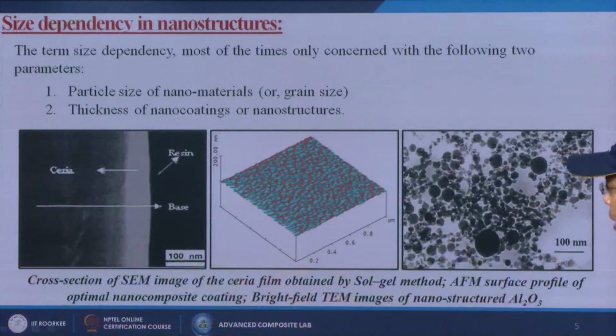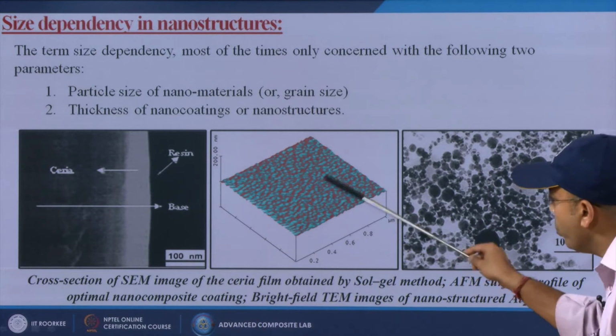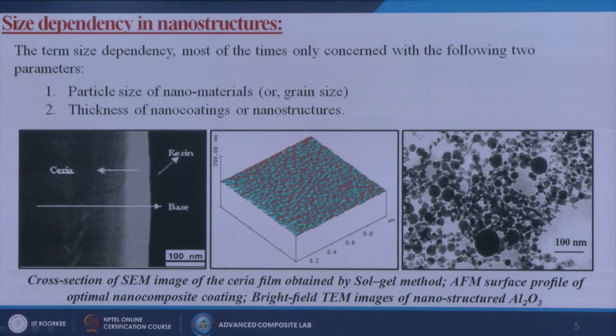This one is the AFM, or atomic force microscopy image, showing the surface profile of the optimal nanocomposite coating, by which we can see the surface roughness of that particular material, and sometimes measure the particle size of the nanoparticles too.